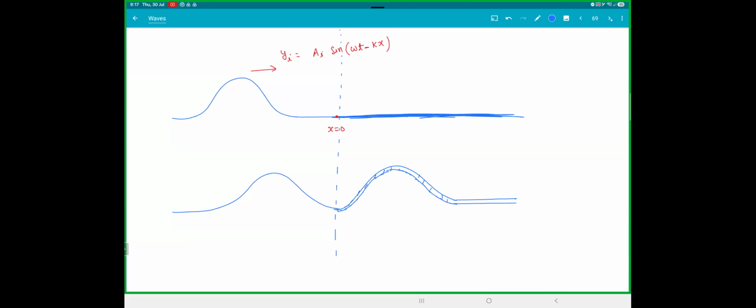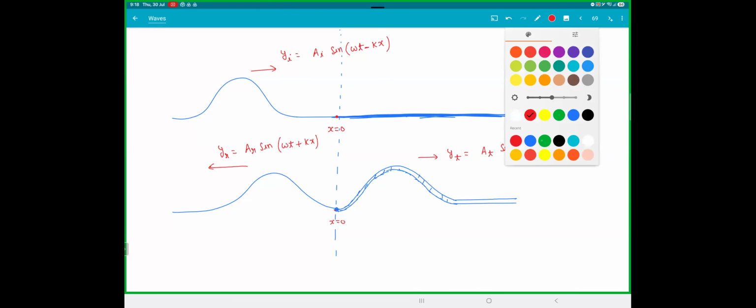The science will take care of it later on. So this was the intersection, x is equal to 0. So this is y transmitted, which will be A transmitted sine omega t minus k dash x. This reflected will be going backward. So y reflected will be A reflected sine omega t plus kx.